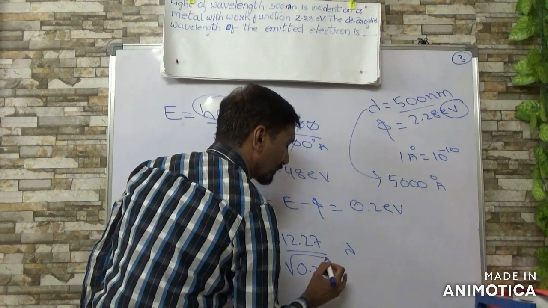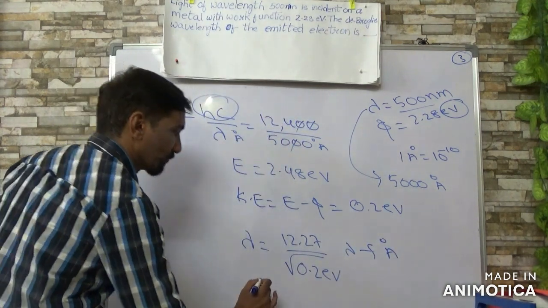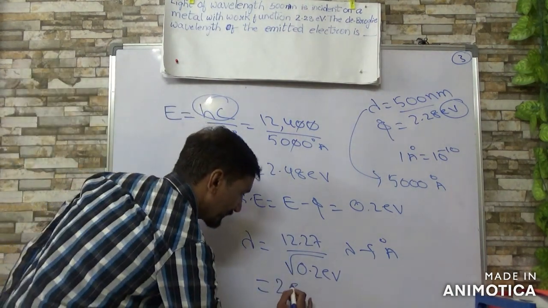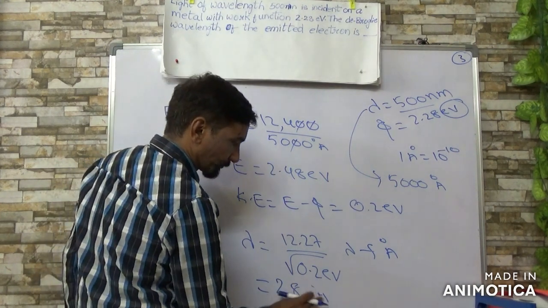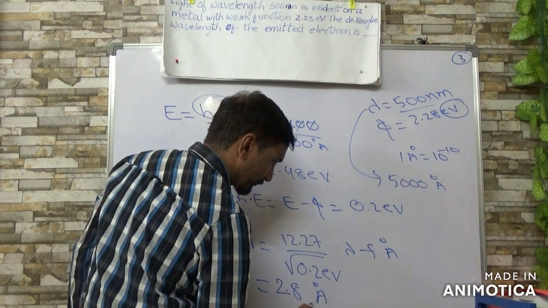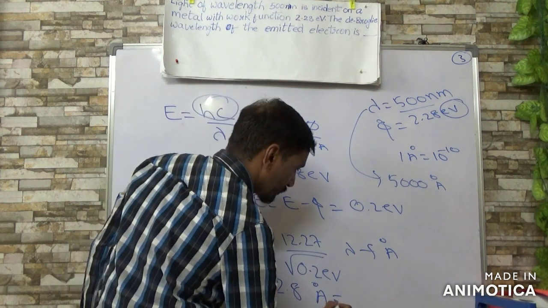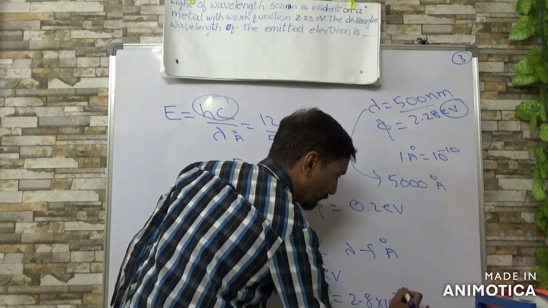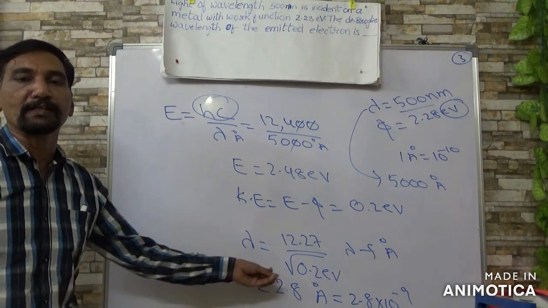Then you get wavelength in angstrom. Remember. So when you simplify that, you get nearly around 28 angstrom, which is equal to 2.8 into 10 power minus 9 also. Actually you get around 2.7.